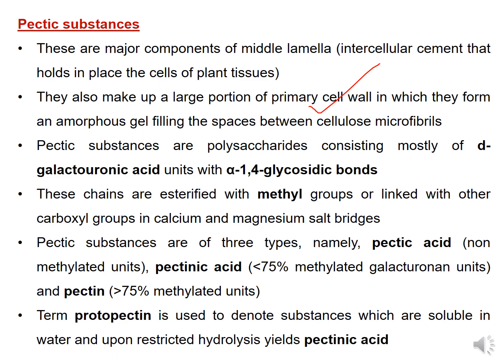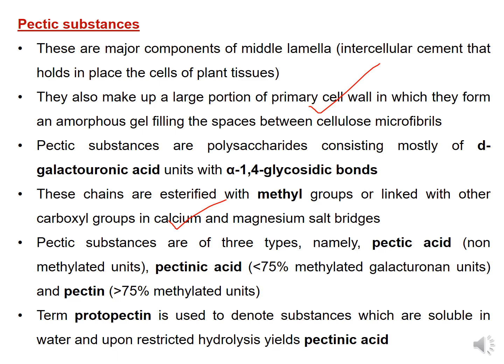These pectic substances are esterified with methyl groups, or linked through their carboxyl groups by calcium and magnesium salt bridges. And there are three types of pectic substances based on this esterification with methyl groups or other chemical groups on the carboxyl groups.